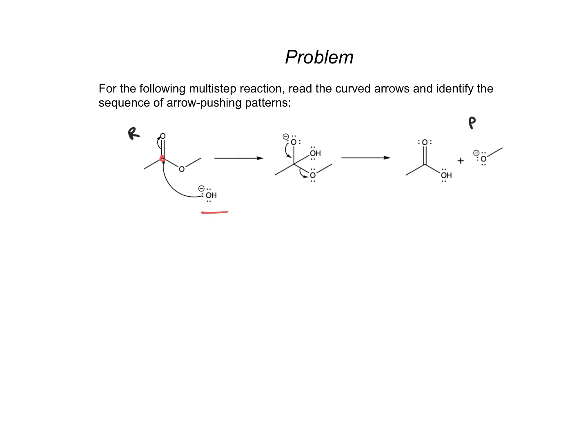So in this process of this oxygen forming a bond with carbon, we're also losing the pi bond between the oxygen and the carbon up here.